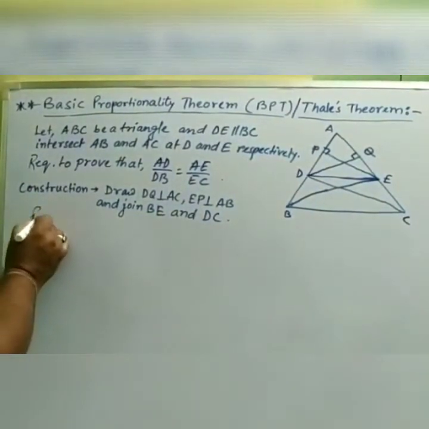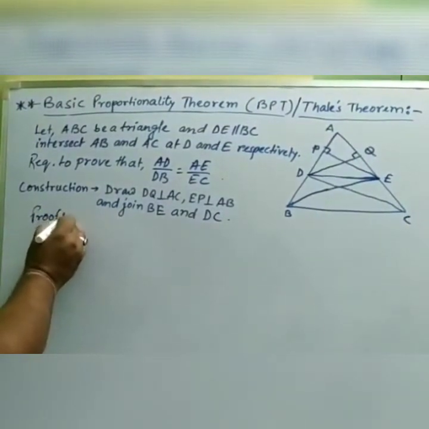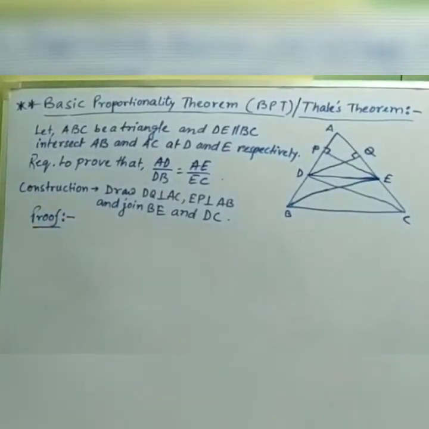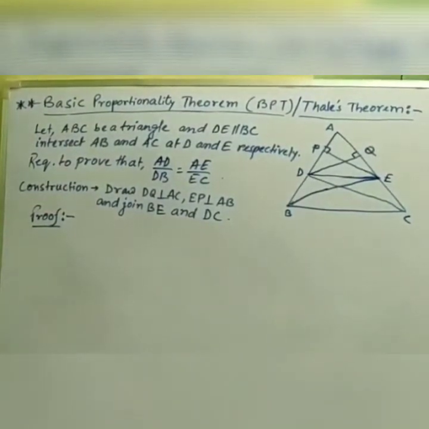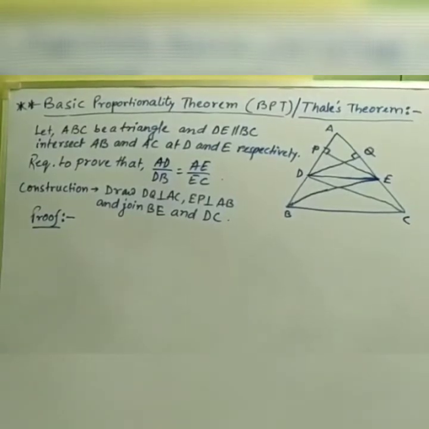So we'll write here the proof, and for that proof we know the area of the triangle property: area of the triangle is half into base into height, and that property we will use here.